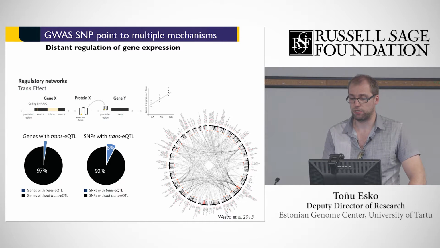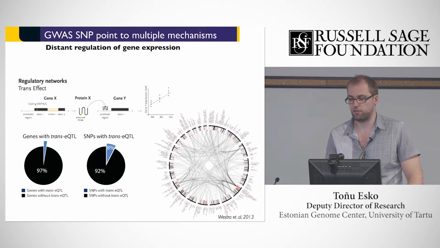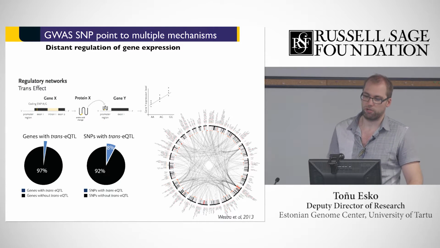What you see on the bottom right is a circus plot, where in the circle there are the SNPs, and outside are the gene names. You can see there are some hotspots that are more important, globally regulating.